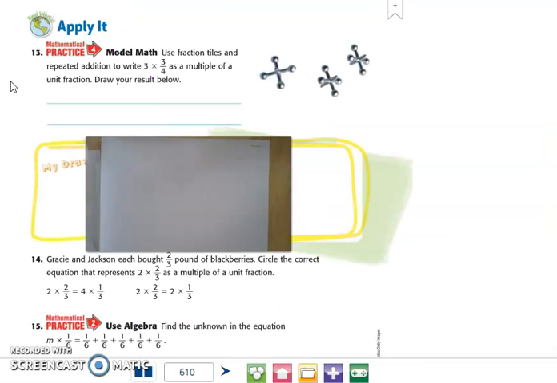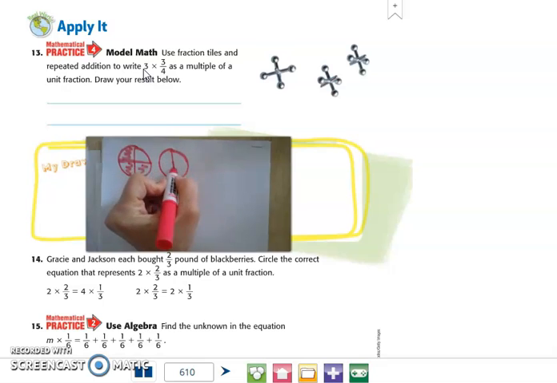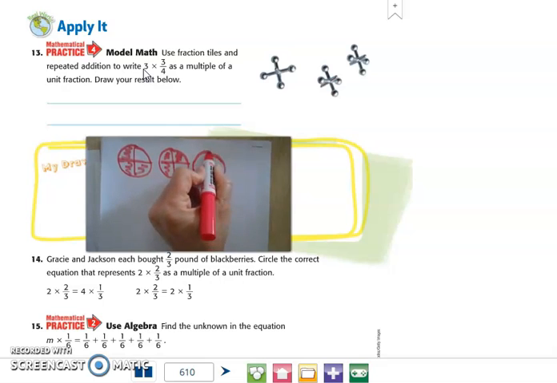Okay, so this is the last page, the problem solving. Apply it. Fraction tiles and repeated addition to write 3 times 3/4 as a multiple of a unit fraction. Draw your result below. First thing we're going to do is the fraction tiles, and since we don't have the tiles, we're going to do the fraction pictures. So 3/4, 1, 2, 3/4, and we need to do that 3 times. 1, 2, 3 4ths. 1, 2, 3.